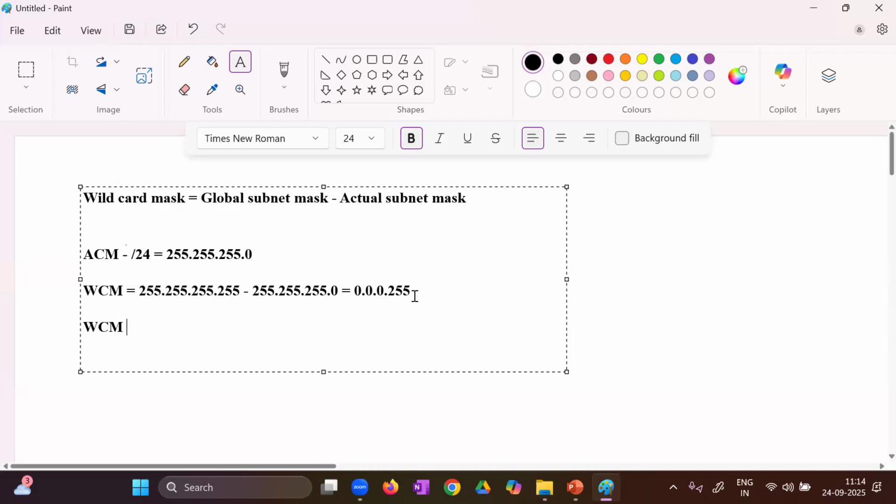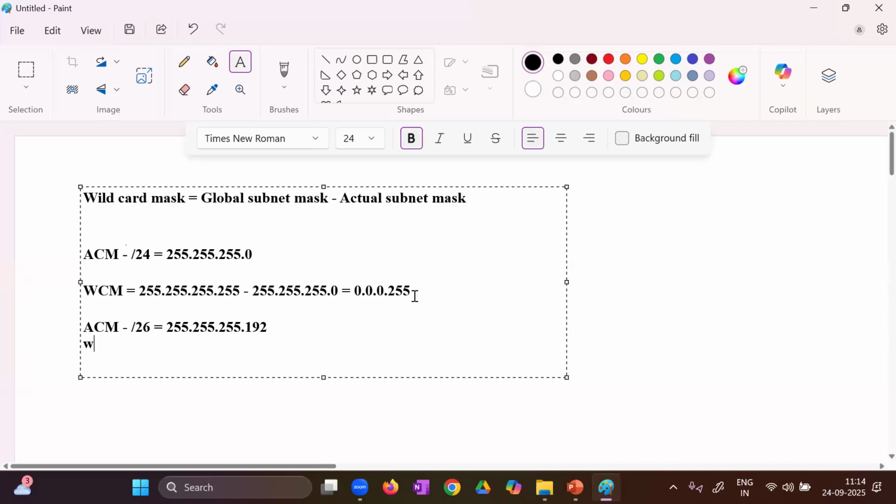Let me give you one more example, then it will be clear. If I give you an actual subnet mask, slash 25 or slash 26, what value will we get? 255.255.255.192, right?